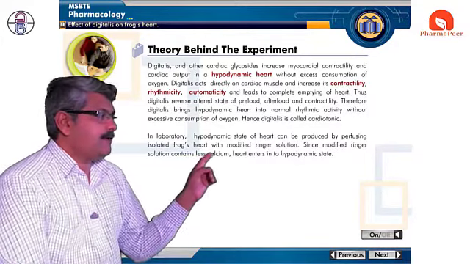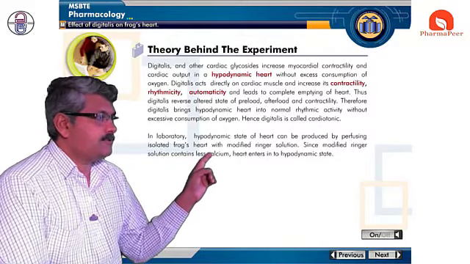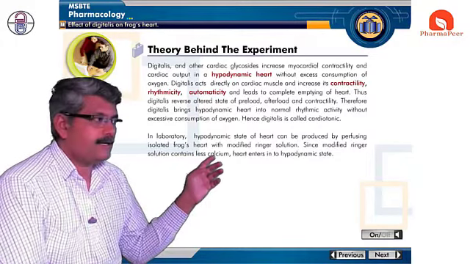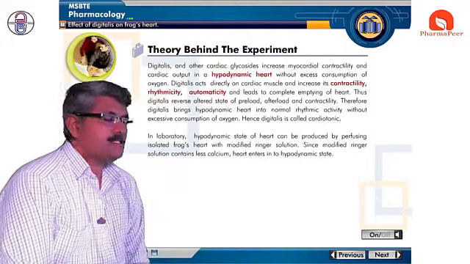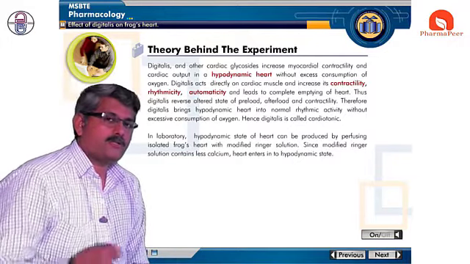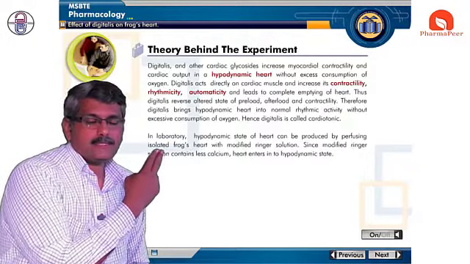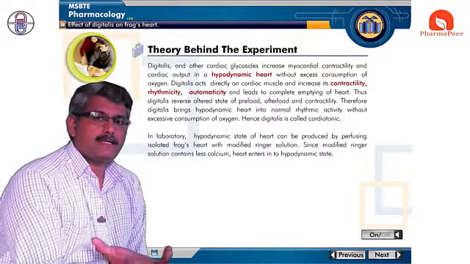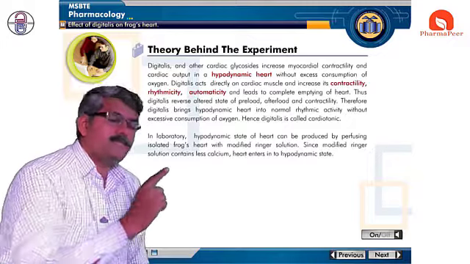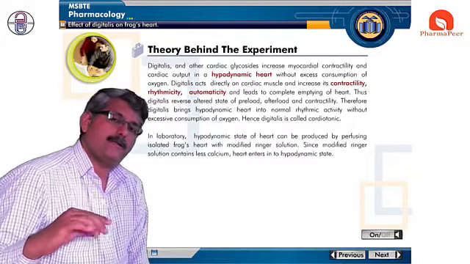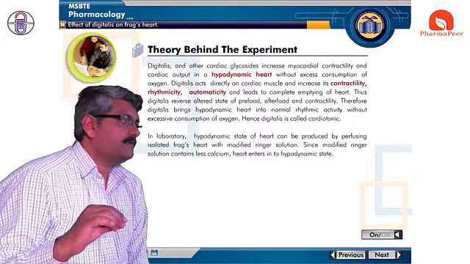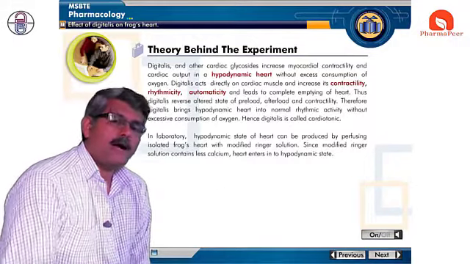As it contains 1/4 of the calcium, definitely, the contracting role of calcium in normal physiological solution is contraction. So in a hypodynamic state of the heart, contracting abilities get decreased. Due to the decrease in the quantity of calcium, the heart enters a hypodynamic state.